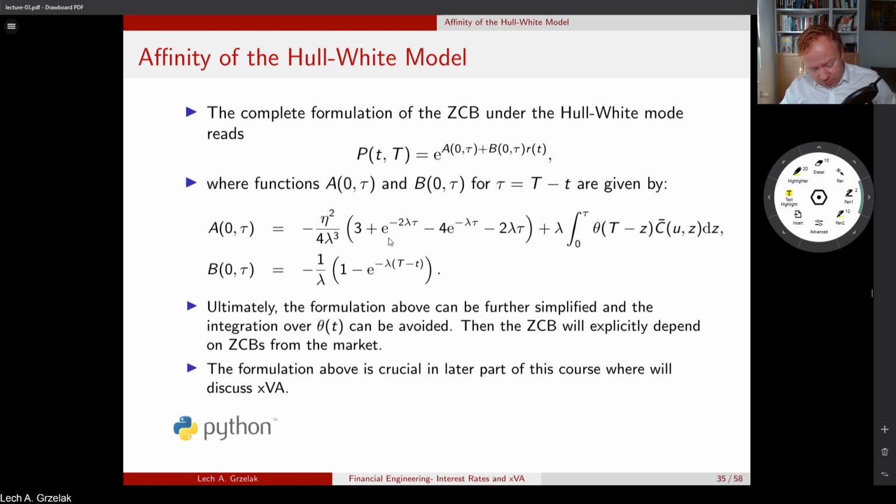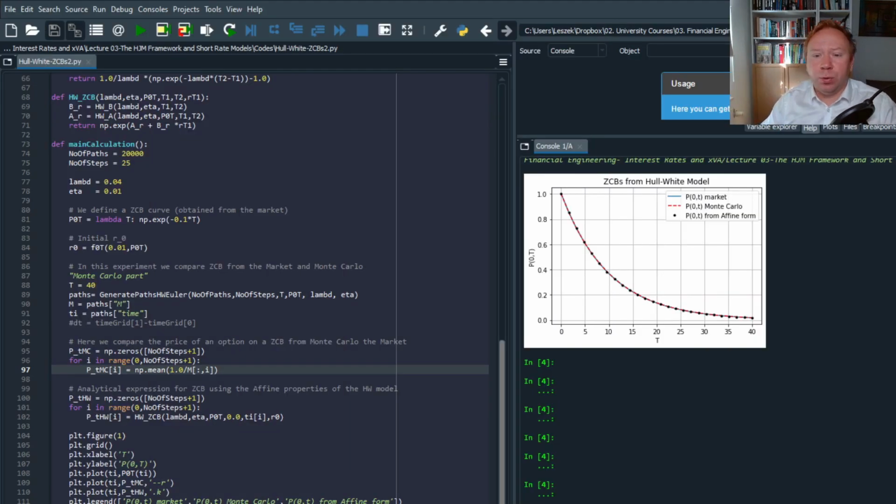And let's take a look at the Python code. In the previous experiment, we were looking at zero coupon bonds which were taken from the market. So this is our famous experiment, which we have repeated a few times. We choose the zero coupon bond curve as 10% here, but we can change it to whatever we want.